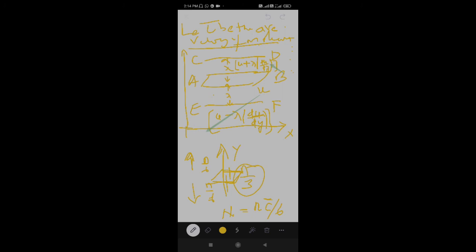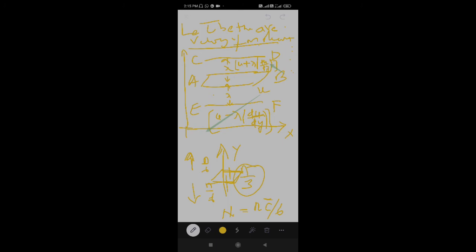Why? Because c bar is a velocity, a distance by time. Whenever you take time as 1 second, you get n into average distance by 6.